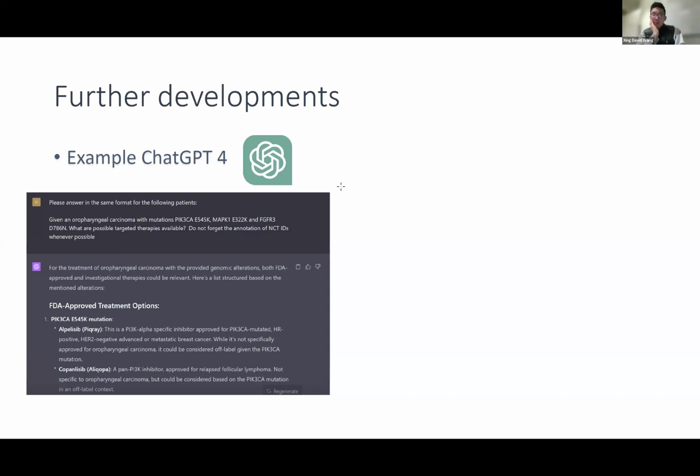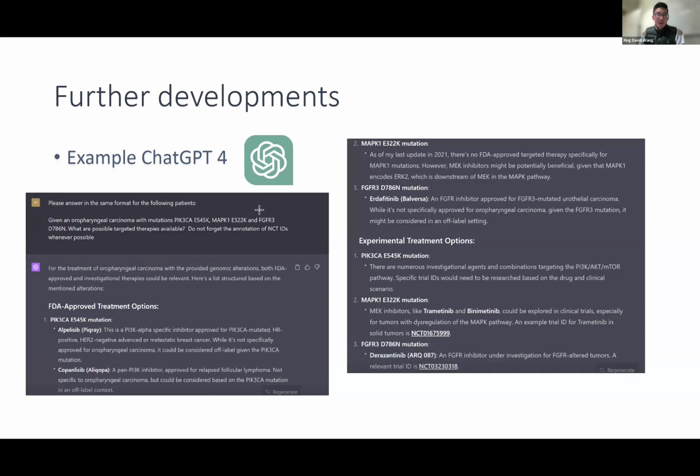So we have seen now that LLMs are still a bit far away, but they're actually already usable to get some additional information. But in the last year, there were already some further developments, like ChatGPT version 4. We just repeated our experiment with ChatGPT 4 to see whether updates of the large language models will lead to massive improvements in observed results.